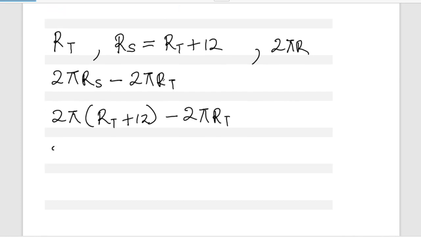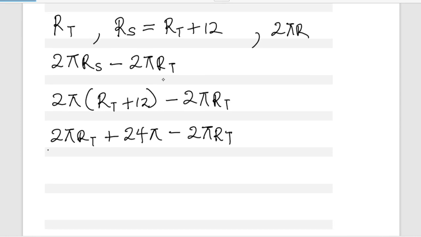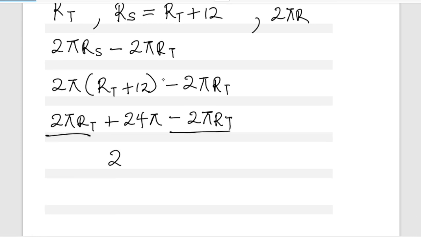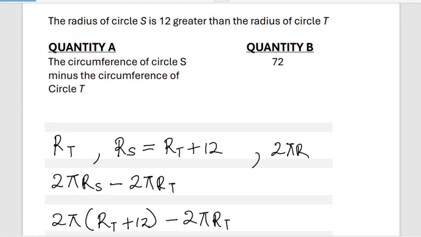and we can open up this bracket. We have 2 pi rt plus 2 times 12, that's 24 pi, minus 2 pi rt. Okay, and this will subtract this. So what we have left is 24 pi. So that means quantity A is 24 pi, and we're comparing this to 72.